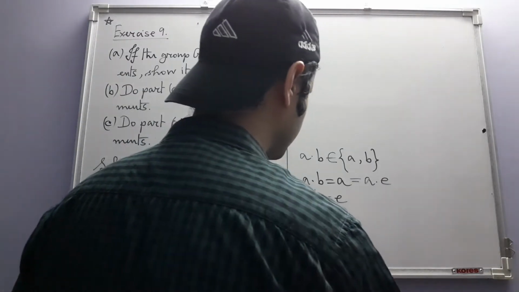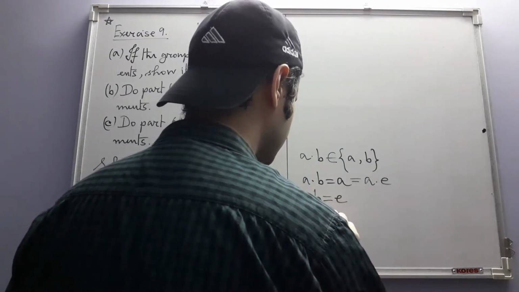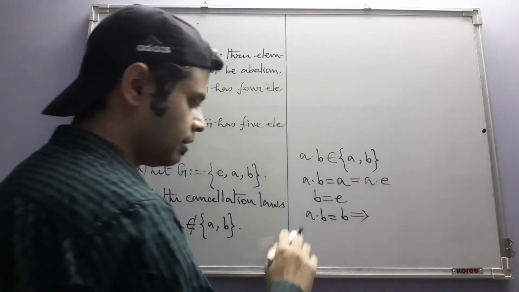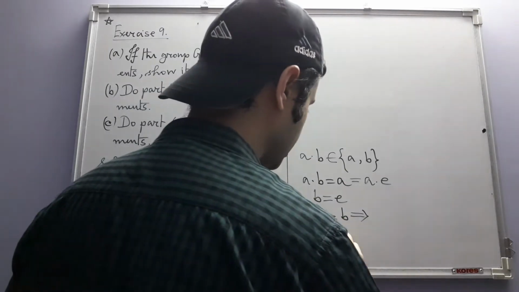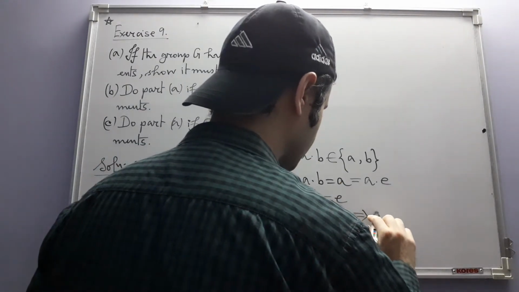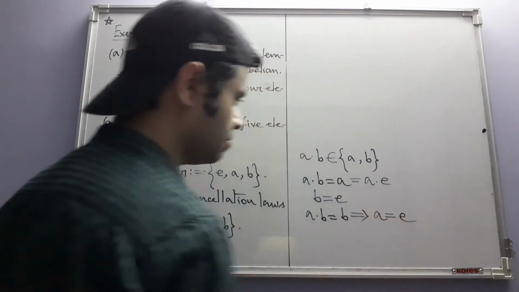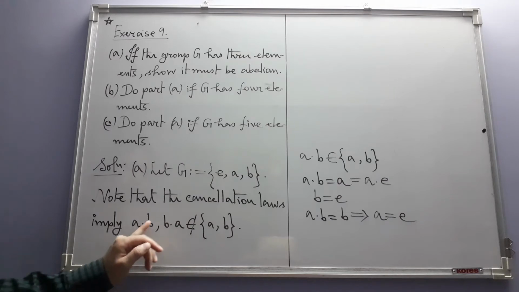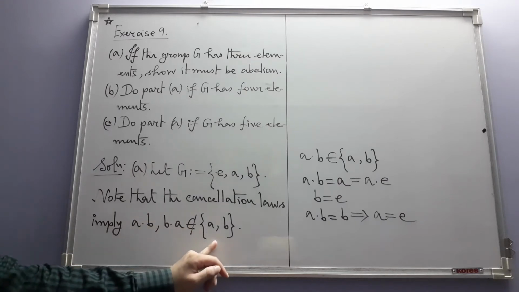A similar contradiction you will get if you assume A dot B equal to B. After applying the right cancellation law, that will give you A equal to E, which is also not possible. And a similar thing will happen with B dot A. So none of these elements belongs to this set.